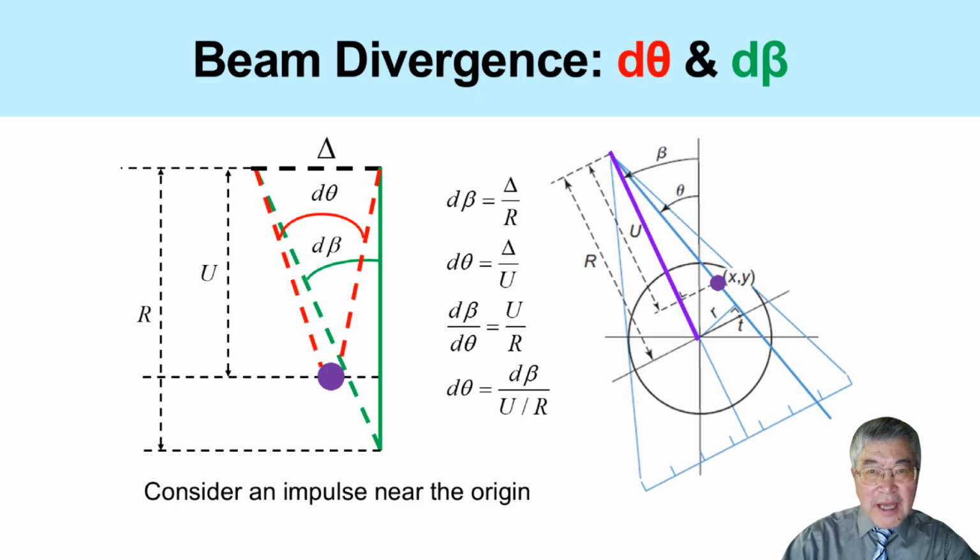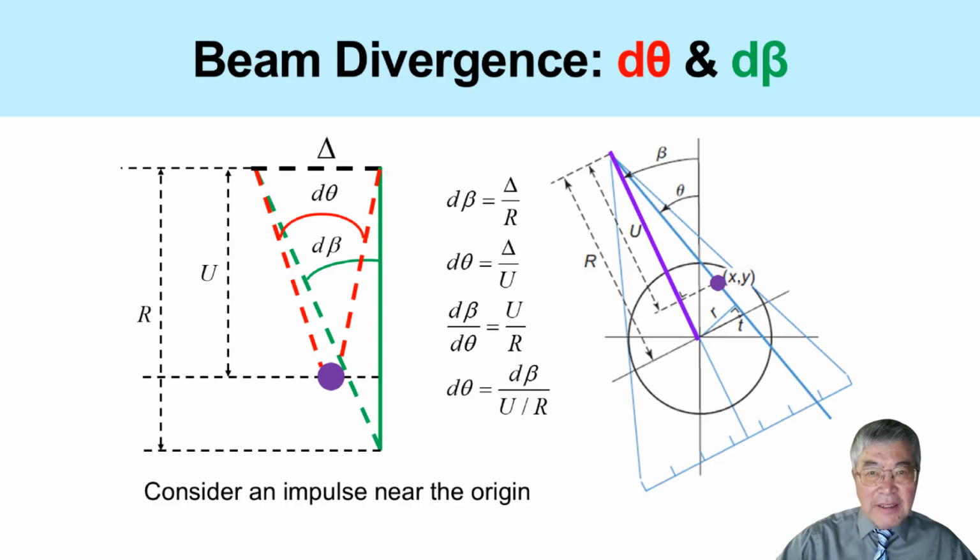Look at the figure on the left. Suppose we have a small point object near the origin. If the X-ray source moves by a small angle in fan beam geometry, the corresponding projection direction in the parallel beam geometry changes by a different small angle.